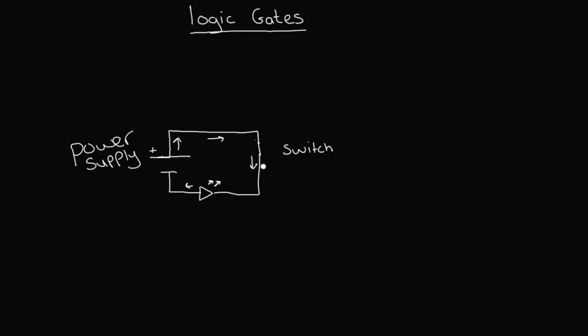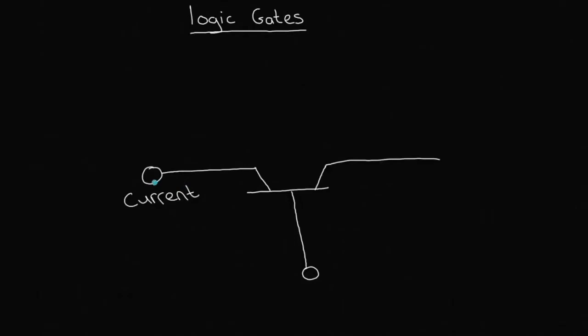Now, to take a deeper look at these switches, we use things called transistors. And I'm not going to get into it in too much detail because it's not really needed for this course, but I'm just going to draw a quick diagram. So if we look at this, we have our current over here on the left hand side, and our current is always flowing. So let's say it's always on. So the blue represents that current.